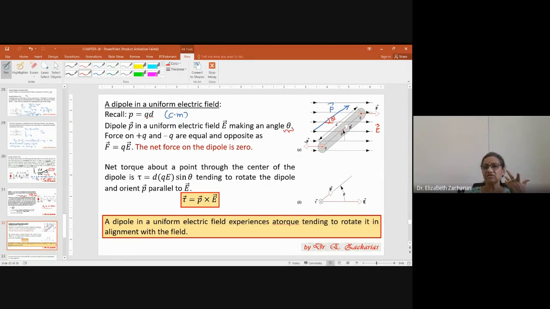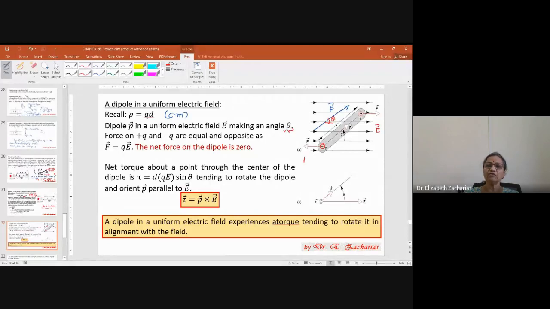Now, let us see whether this dipole is going to experience a force. We have seen how the point charge was experiencing a force: F is equal to Q into E. Similarly, let us see whether the dipole will experience a force. Look at this negative charge. What force will it experience?